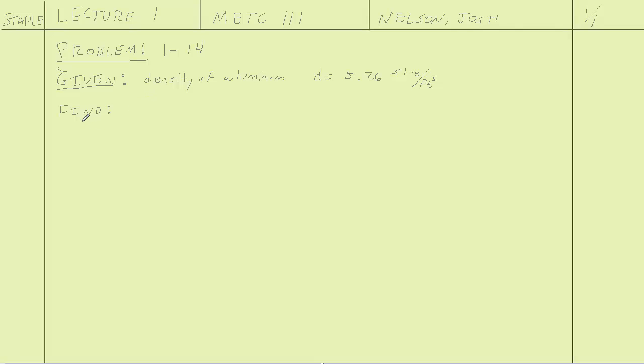The next is find, and the find is the instructions for the problem, what you're supposed to find. So, for the find statement, in this case, the problem asks us to convert to SI units.